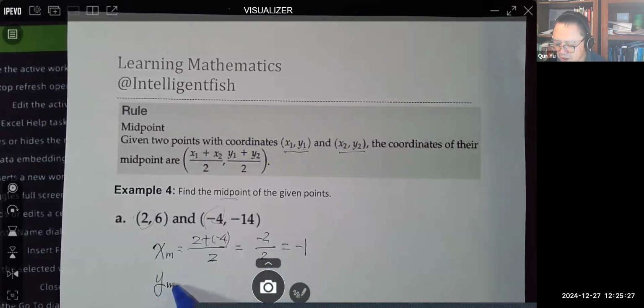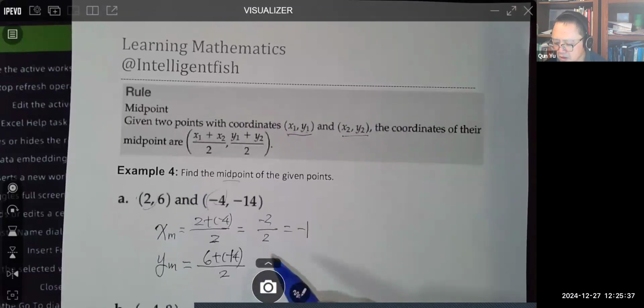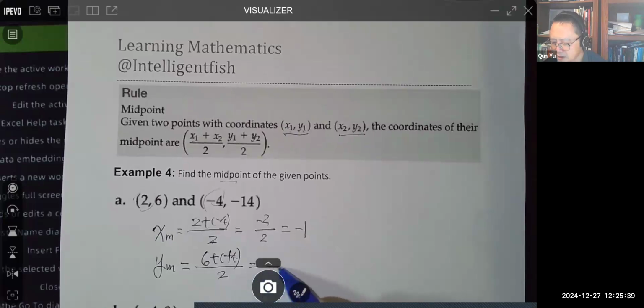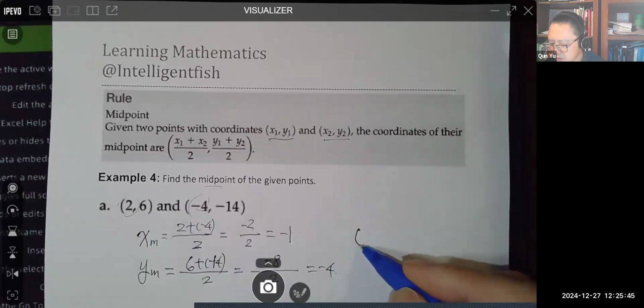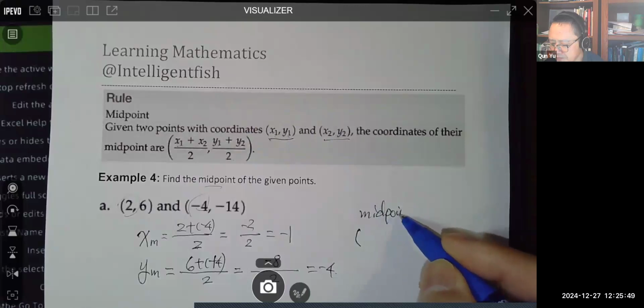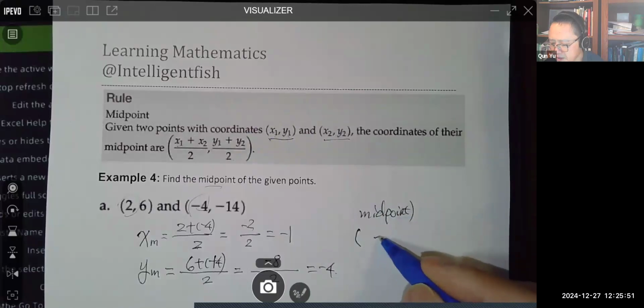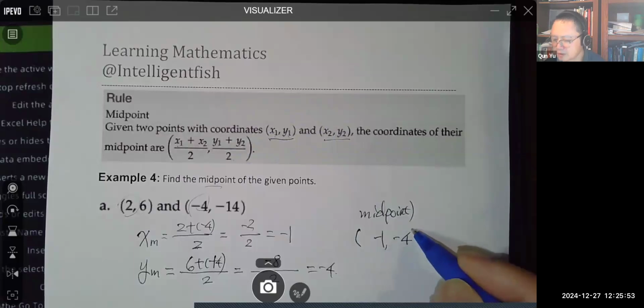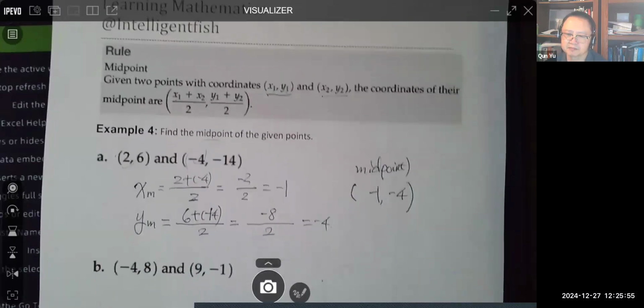Y midpoint, we look at the y values, 6 and -14. Add them together, divided by 2. 6 plus -14 is -8. Divided by 2, that's -4. So in the end, our midpoint is -1 and -4. So we solved it.